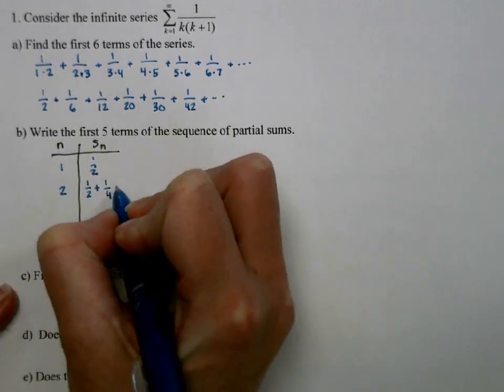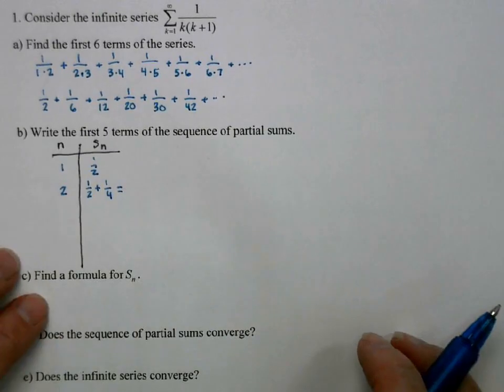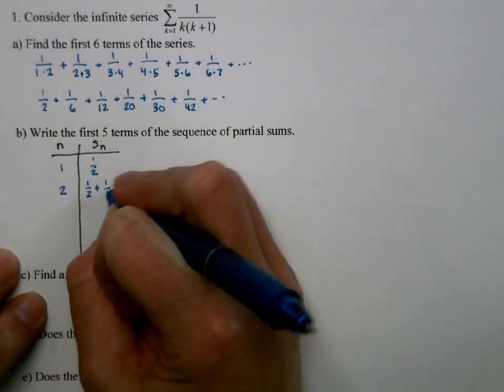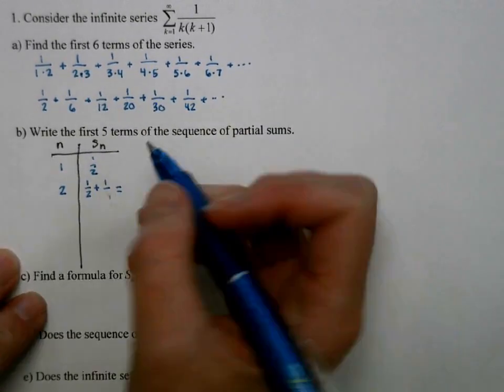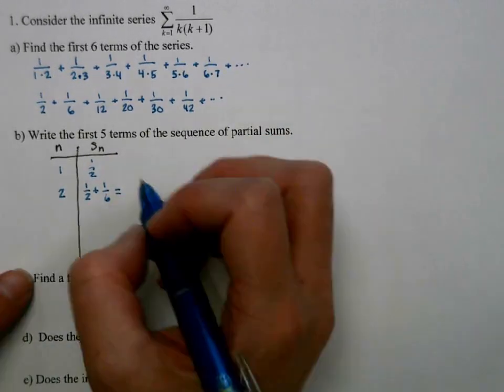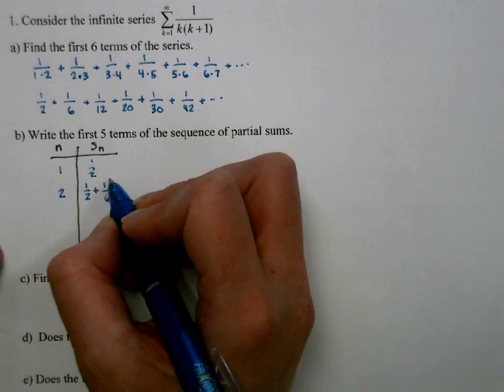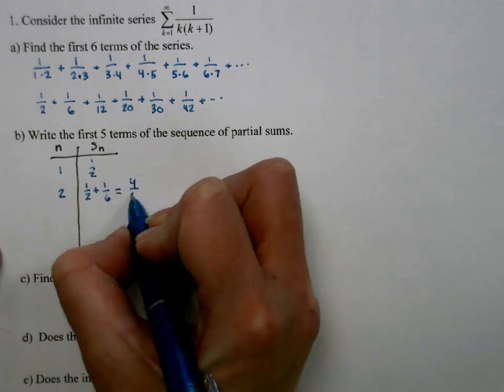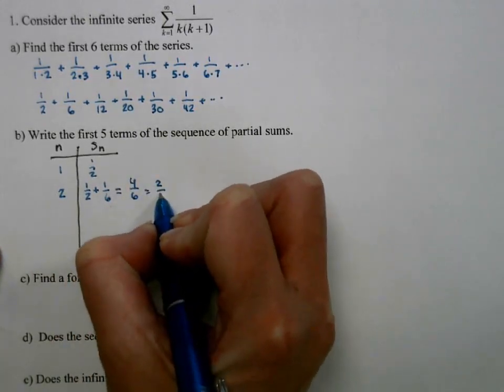plus 1/4, which, if I get a common denominator, is 1/2 plus 1/6. If I get a common denominator, we get 3/6 plus 1/6, which is 4/6, which we're going to go ahead and reduce to 2/3.